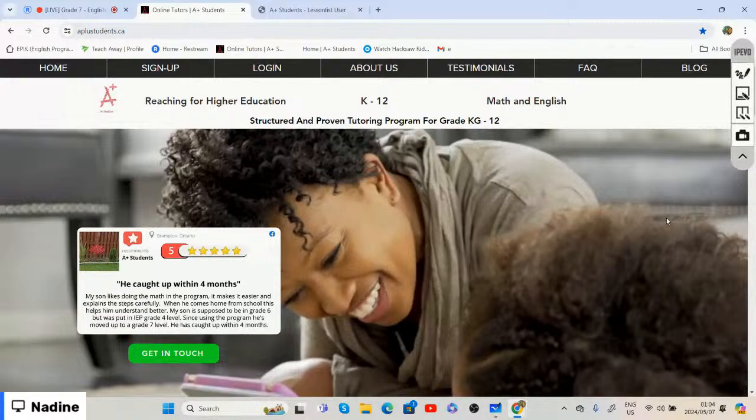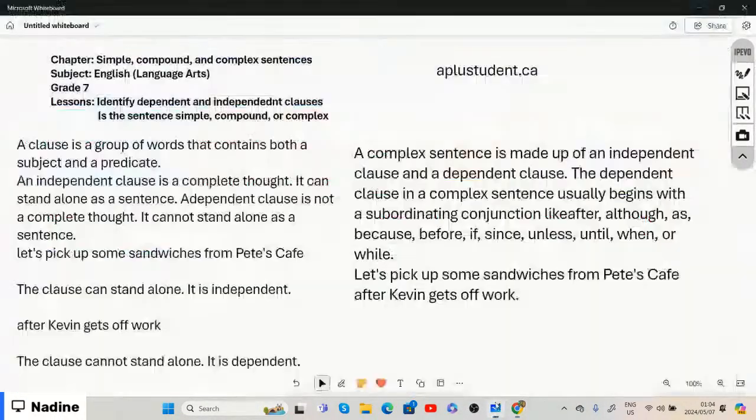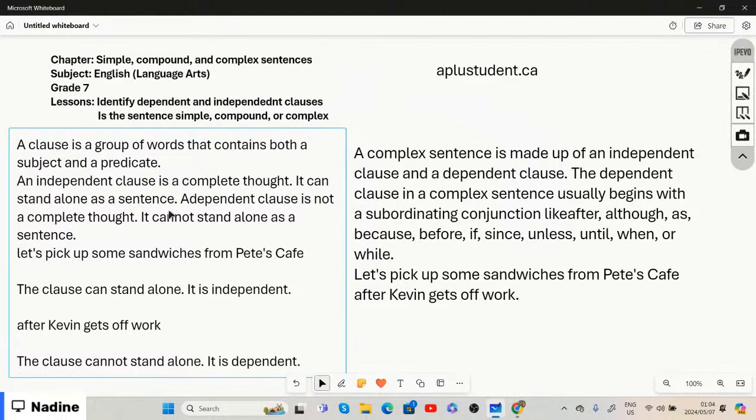All right. So we see that our chapter is simple, compound, and complex sentences. Our subject is English Language Arts, grade 7.